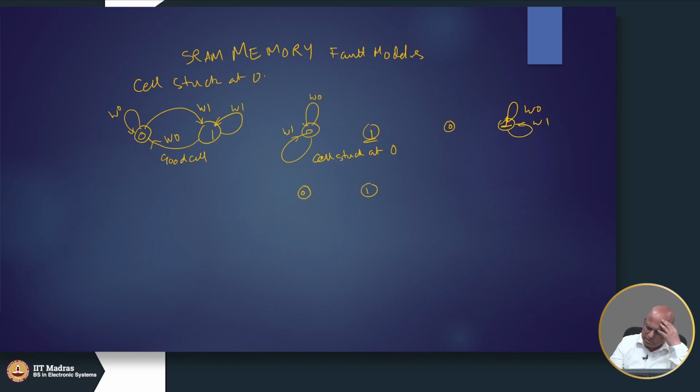So, it may come up in state 1, and if you write a 0 it will come here, if you write a 1 it will stay there, but if you write a 1 here it still writes this. So, this is known as a transition delay fault.